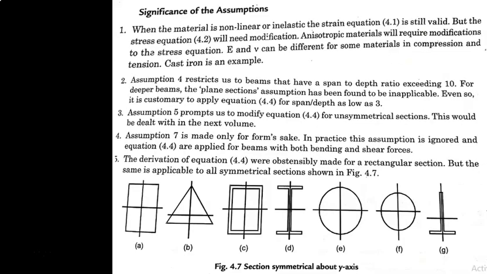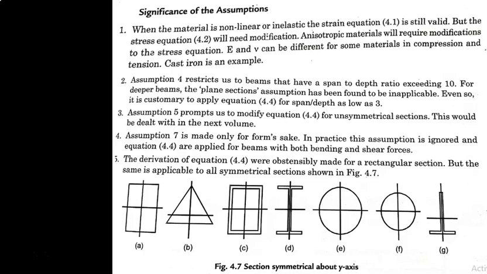Then the significance of them. When the material is non-linear or inelastic, the strain equation 4.1 is still valid, but the stress equation 4.2 will need modification. So for that we use this kind of assumption. Assumption 4 restricts us to beams that have a span to depth ratio exceeding 10. For deeper beams, the plane section assumption has been found to be inapplicable.